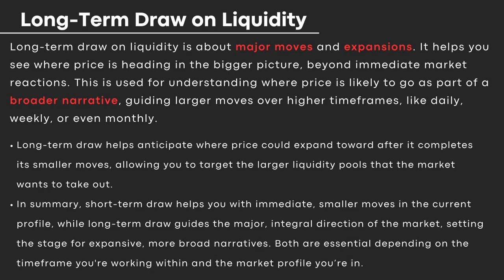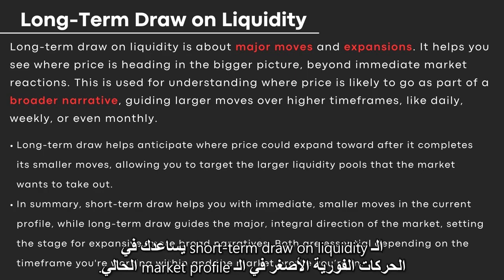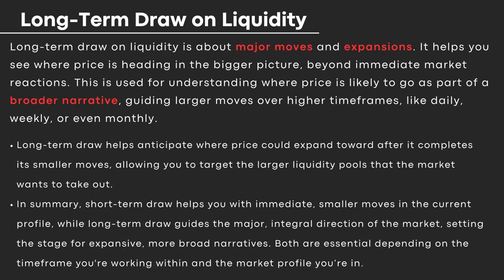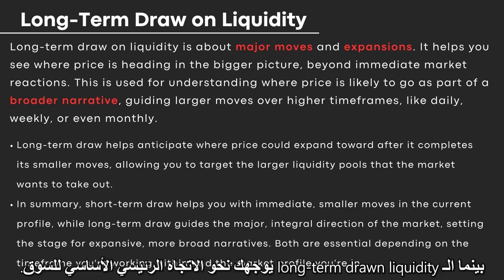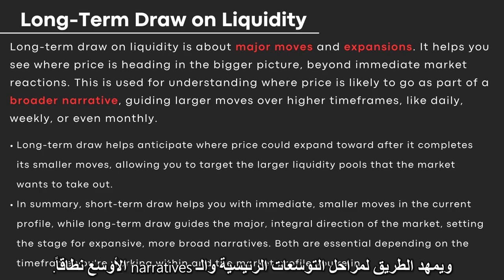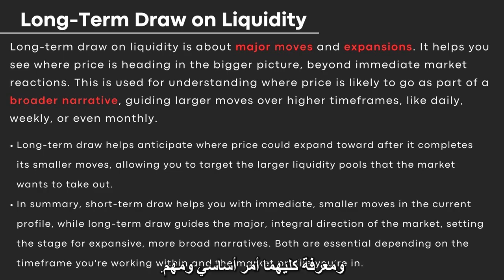Here is the summary. Short-term down liquidity helps you with immediate smaller moves in the current market profile, while long-term down liquidity guides you towards the major integral direction of the market and sets the tone and stage for major expansions and broader narratives. And knowing both of them is essential and important, right?